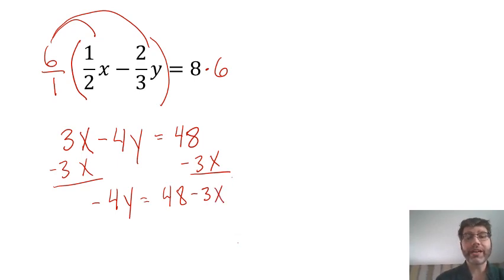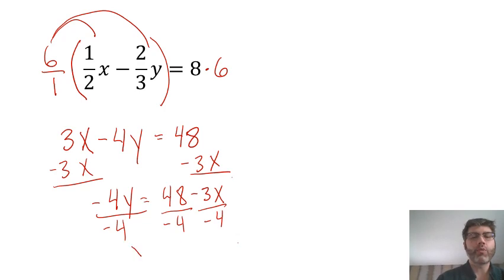Now, let's divide everything by -4. So once we divide everything by -4, we get y equals, let's see, 4 goes into 48 12 times. So that would be -12.